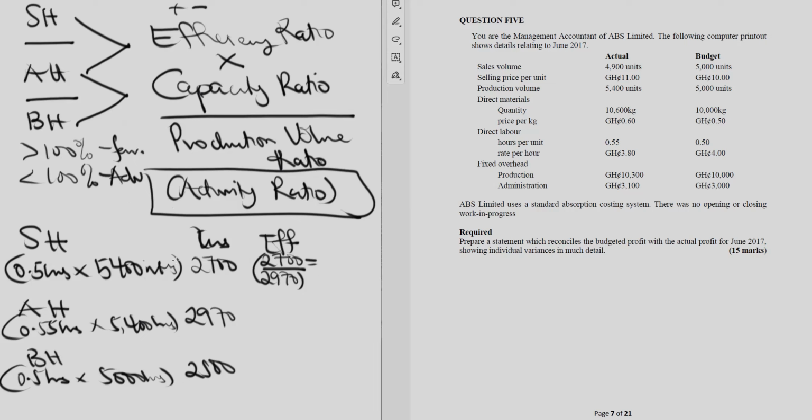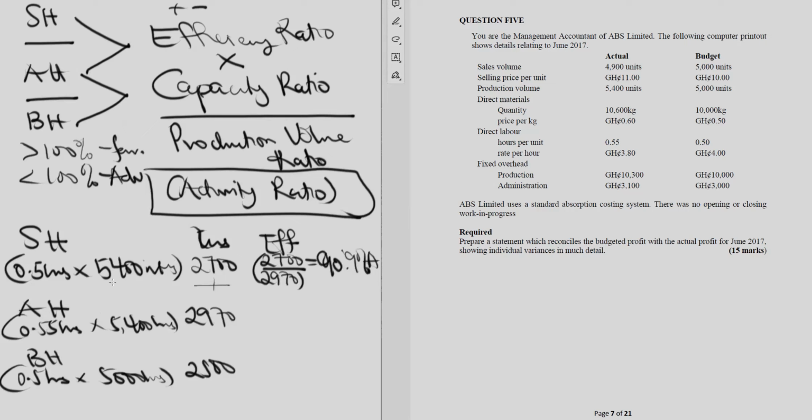So for this one, you see, straightforward, just take from the top and divide. So this by this, we get efficiency, which is 2,700 divided by 2,970. And we had an adverse variance of 0.9. So you can use it in decimal, or let's just make it 90.9% adverse, right? This is adverse, 90.9% adverse.